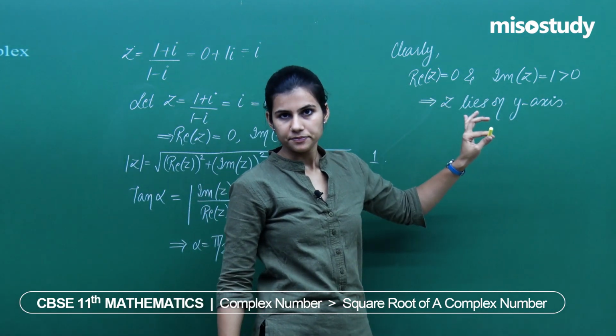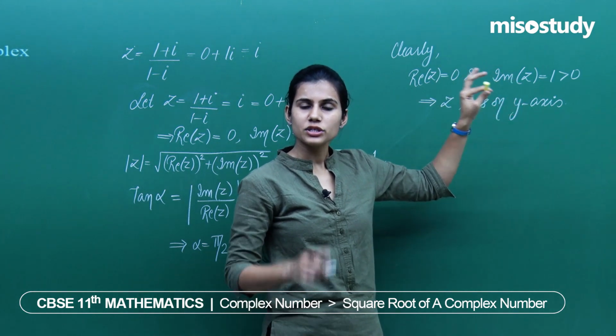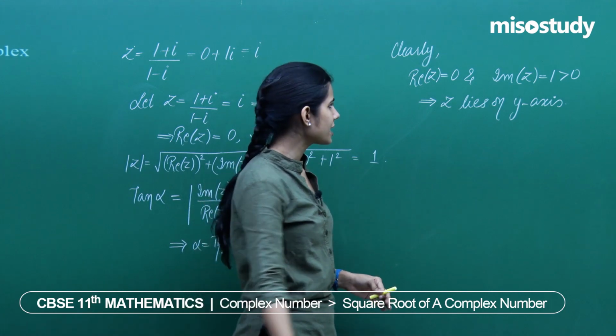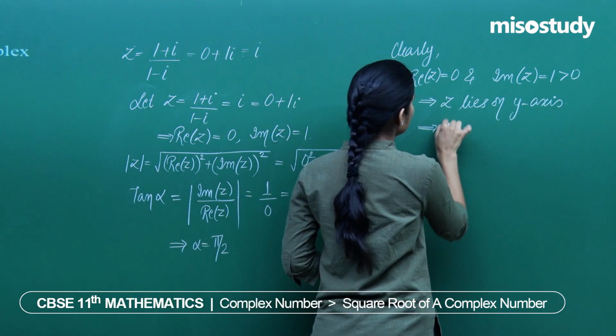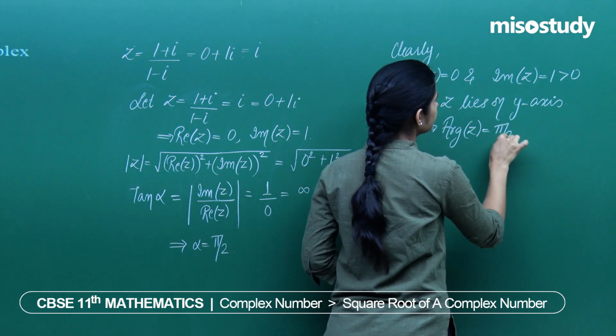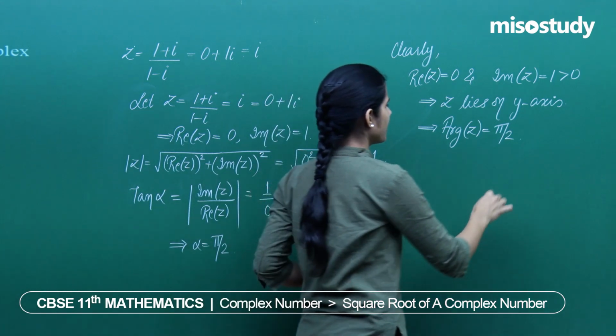X coordinate is 0, y coordinate is 1. So, the point 0, 1 lies on the y-axis, that too on the positive side of the y-axis, and therefore principal argument of z is pi by 2. So, modulus of z is 1 and argument of z is pi by 2.